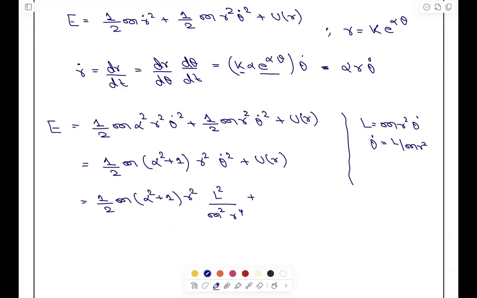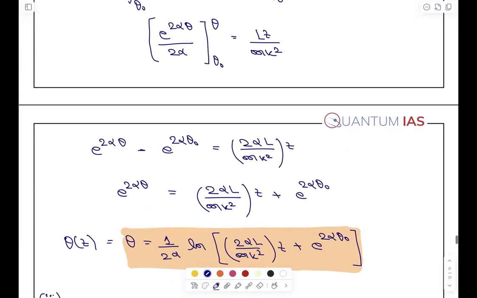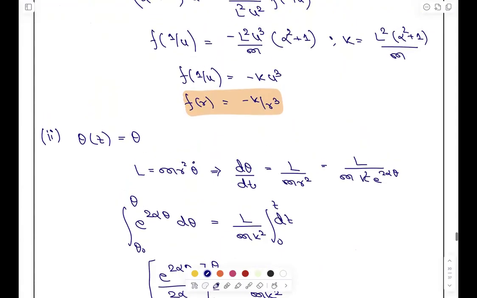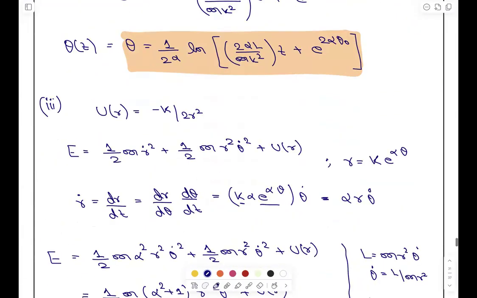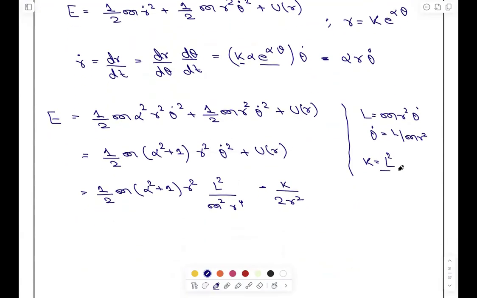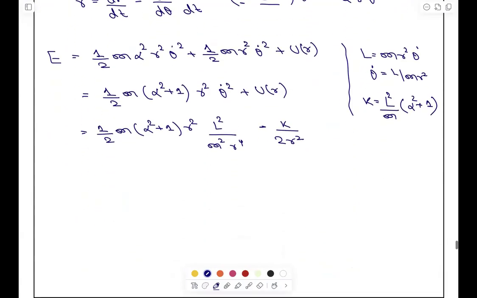Now what was the value of U(r)? It was minus k by 2r square. And what was the value of k? The value of k we have written here, L square by m into alpha square plus 1. So put the values here.